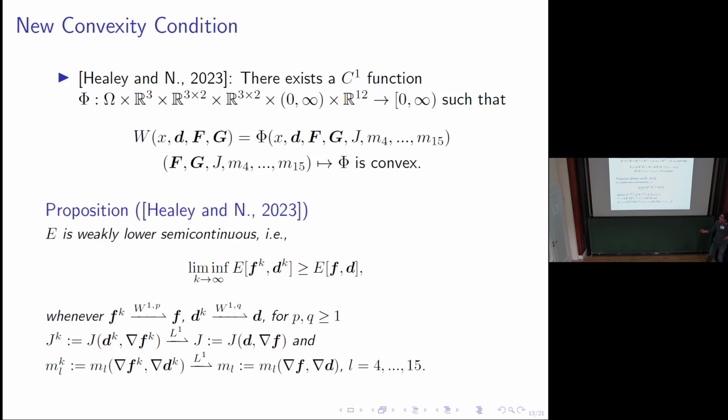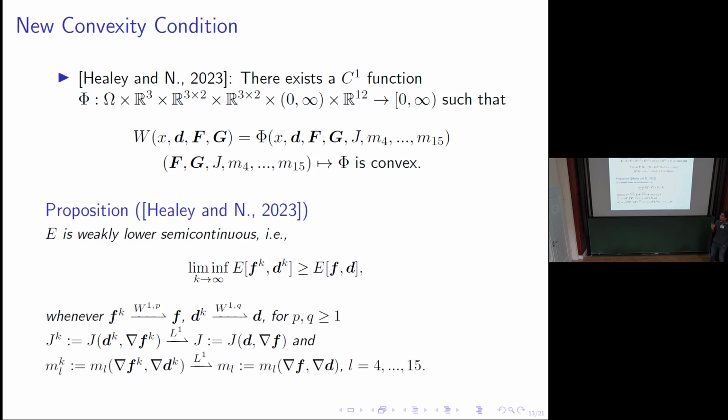It says that if Fk and Dk converge weakly in some Sobolev space, P and Q larger than 1, and then we want the Jk's, the local volume ratios, to converge weakly in L1, and then each of the subdeterminants also, for 4 to 15, M1, M2, M3, we don't care about that right now. All those converge weakly in L1.